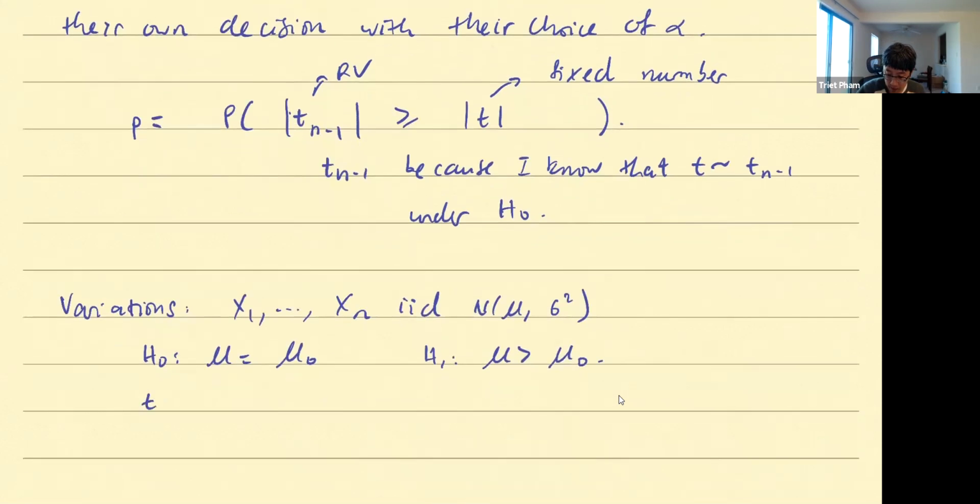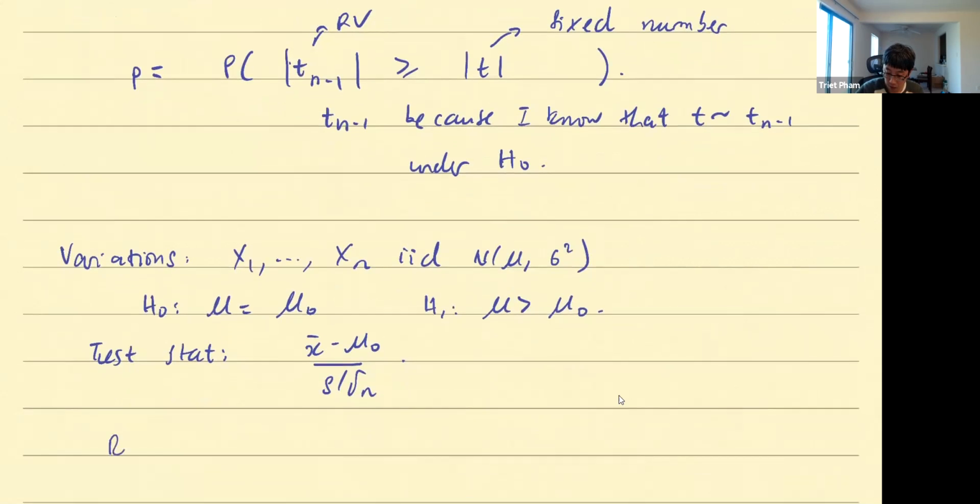So what is my test stat? My test stat should still be the same. In other words, it should still be this. What will be my rejection region?